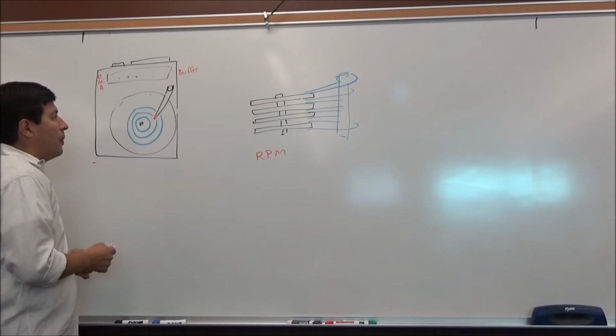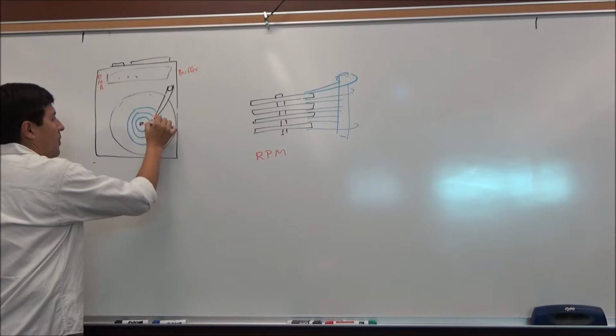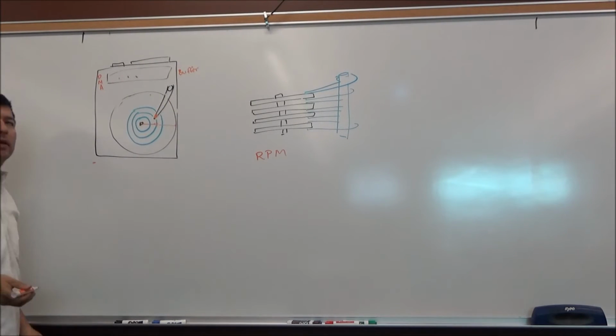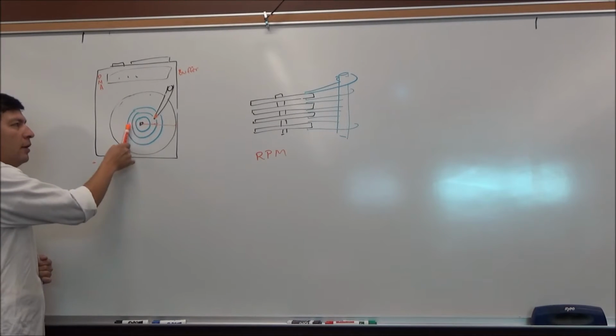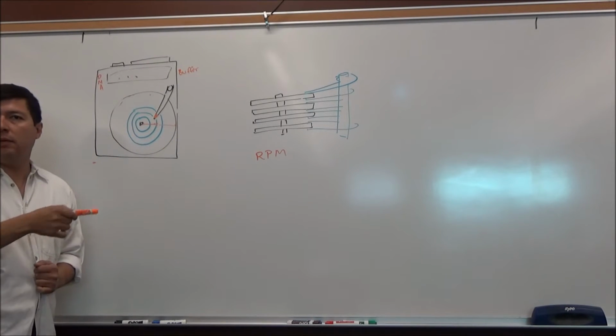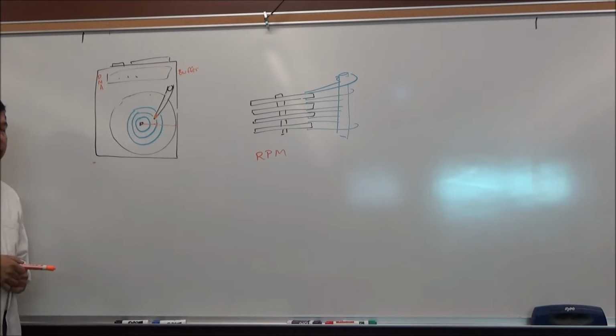So there's a distance, and let's say I'm in the middle of the plate, my arm is in the middle of the plate, the time it'll take to get to either end of the plate, so to read basically half of the disk, is called latency.